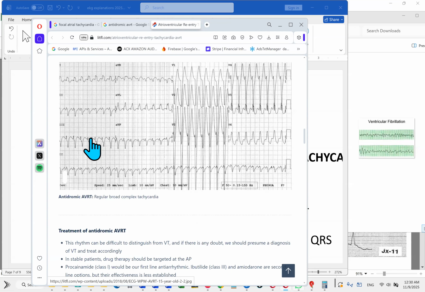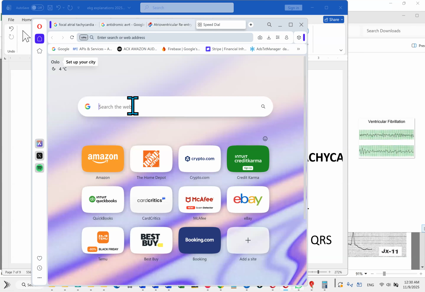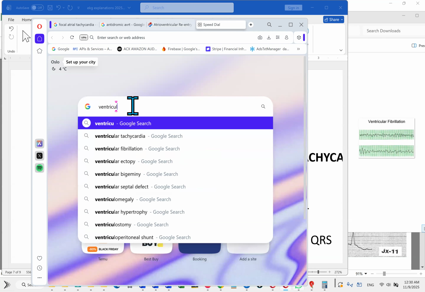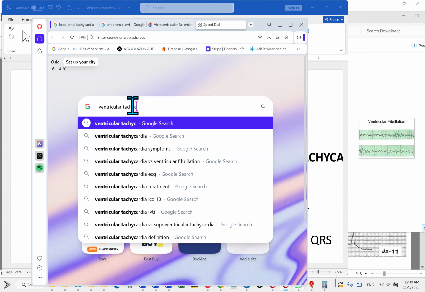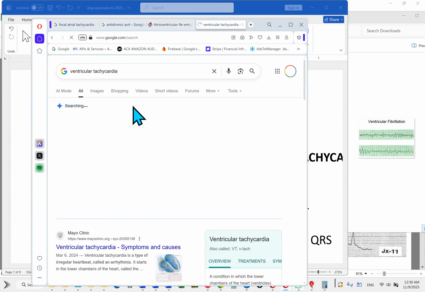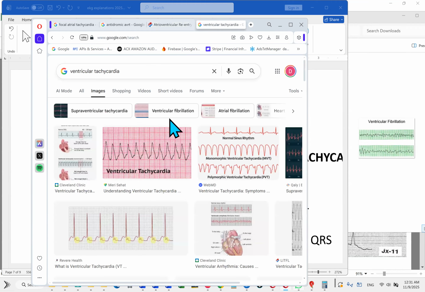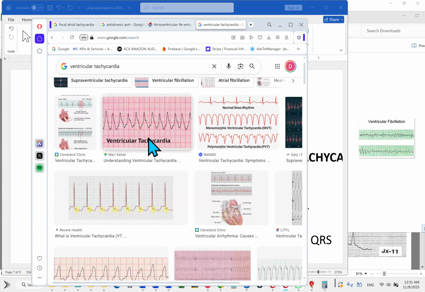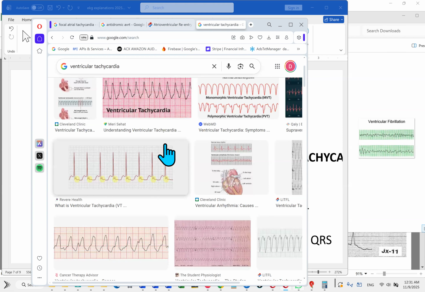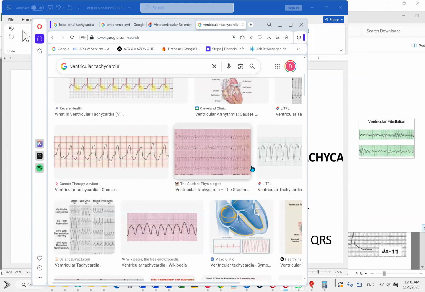So see, in that down slope, you can see that little notch. Can you see that? Little notch here. That notch you won't see in ventricular tachycardia. So let's see a ventricular tachycardia. Well, this one has a notch, but that looks like a good picture.